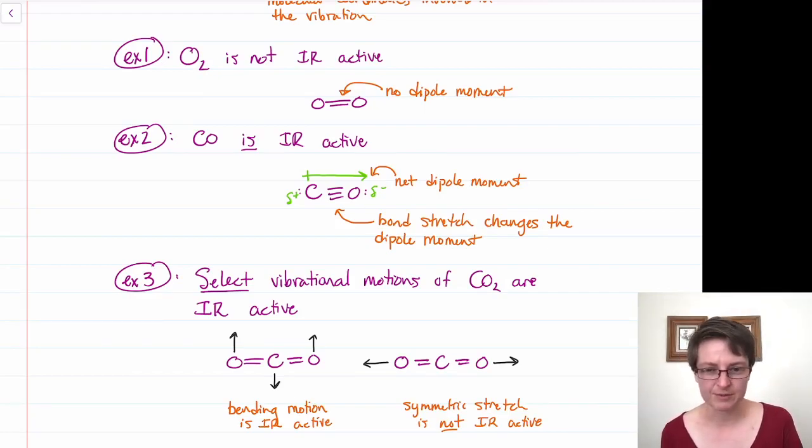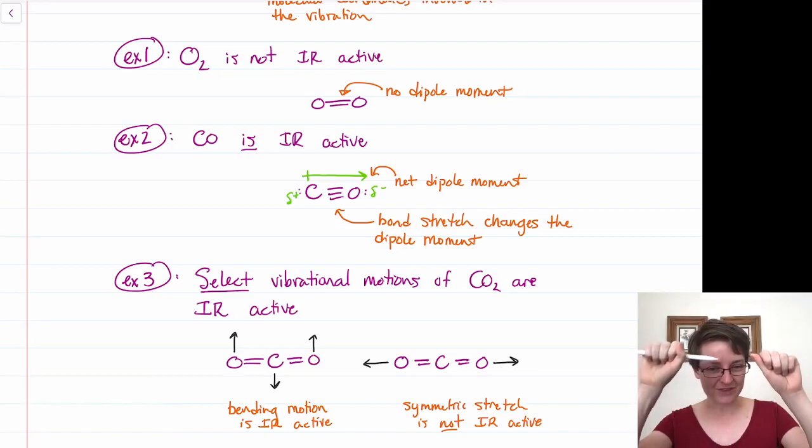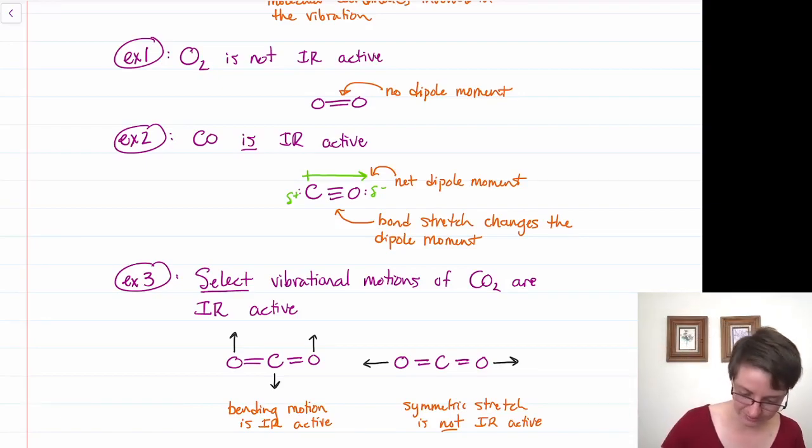The first motion that I'm representing on the left is a bending motion. And so the black arrows are intended to help you visualize what this would look like. Essentially, if our carbon atom stays the same, we have the oxygen atoms moving up above the plane and down below the plane.